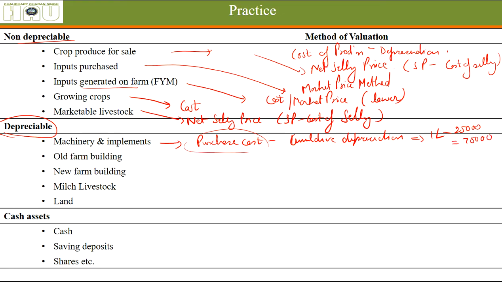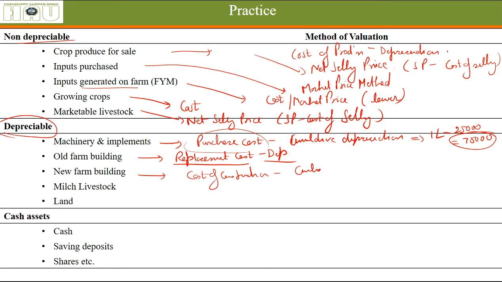Its value today is 75,000. Old farm buildings, the method is replacement cost minus depreciation. The money it will take today to make it again minus depreciation over the years. New farm building, again cost of construction minus cumulative depreciation.